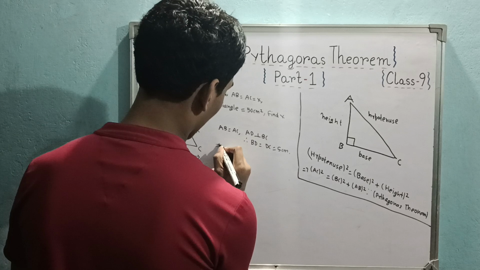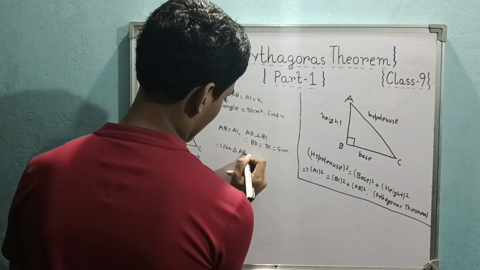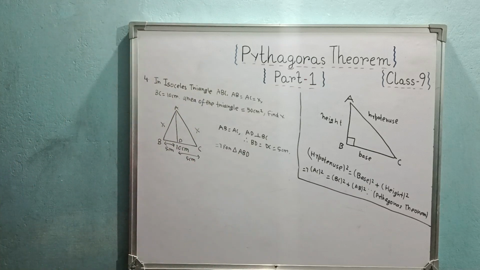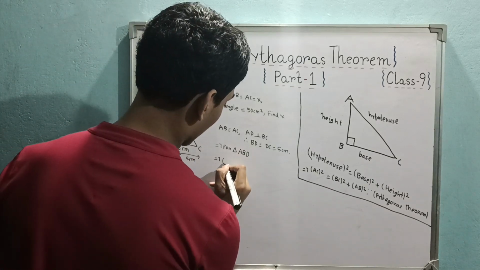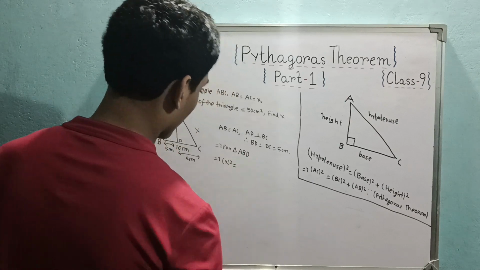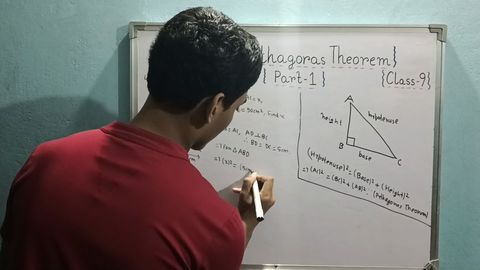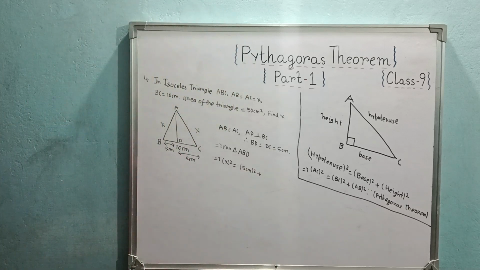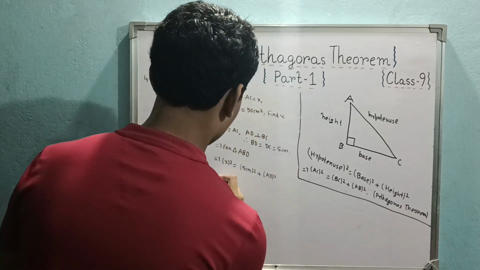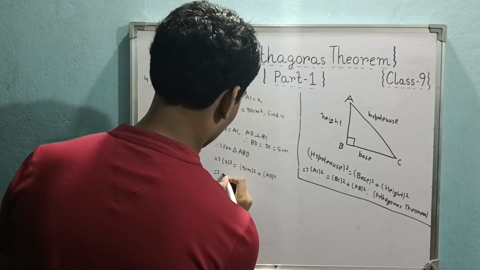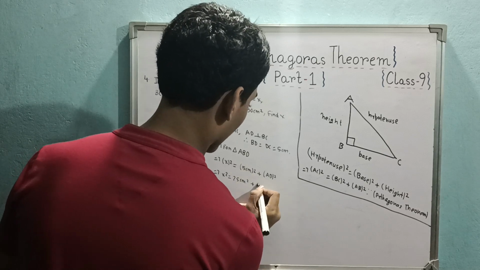For triangle ABD, here hypotenuse is AB, so x square, hypotenuse square, equal to base square, which is 5 centimeter square, BD square, plus height square. Height is AD, so plus AD square, or x square equal to 25 centimeter square plus AD square.